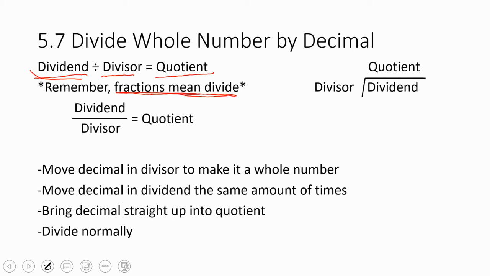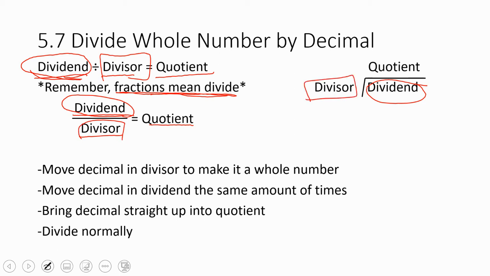So in this case, it would be dividend divided by divisor equals quotient. The first number or the top number goes on the inside, and then the second number or the bottom number goes on the outside, and then your answer, the quotient, will be on the top. Okay, just to remind you.